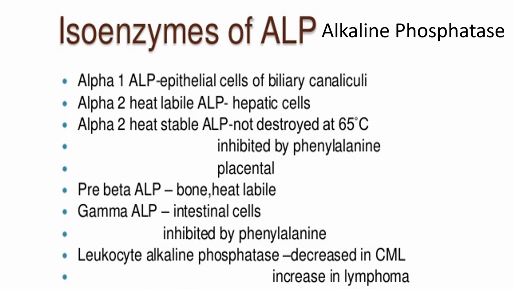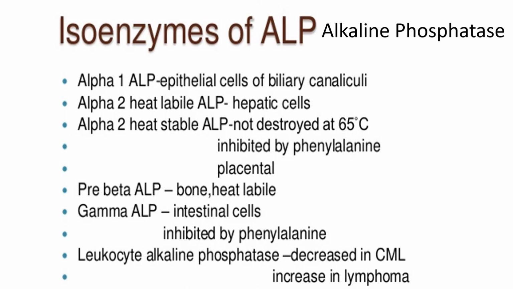There are various isoenzyme forms of alkaline phosphatase. Alpha 1 alkaline phosphatase is mainly present in the epithelial cells of the biliary canaliculi. Alpha 2 are of two types, heat labile and heat stable alkaline phosphatase, and they are mainly present in the liver cells.